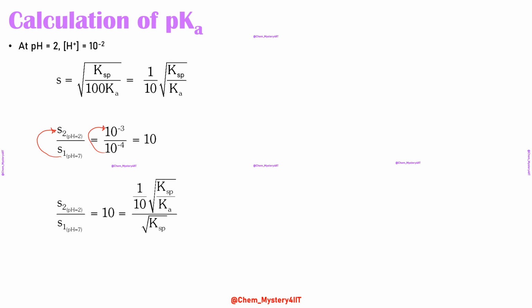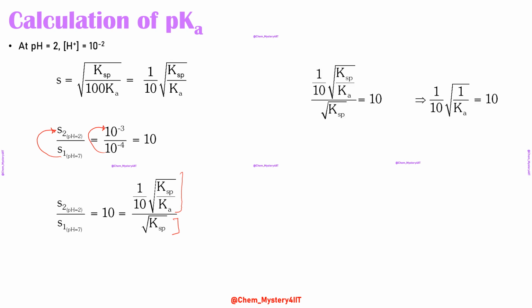Now putting this back into the expression, we have S2 by S1, which is equal to 10, and this new value of S2 is this, and the older value of S was square root of Ksp. Rearranging this expression, we are now rewriting.